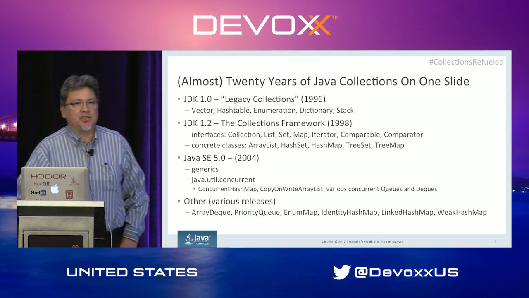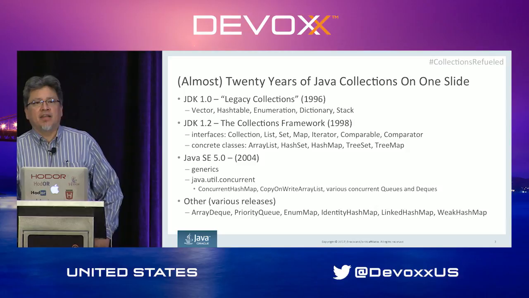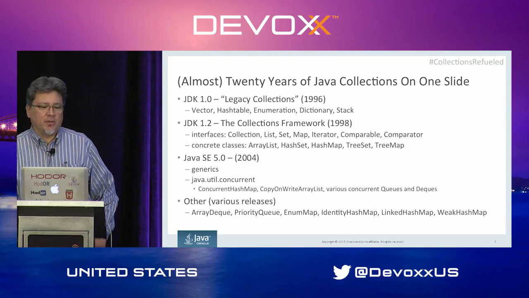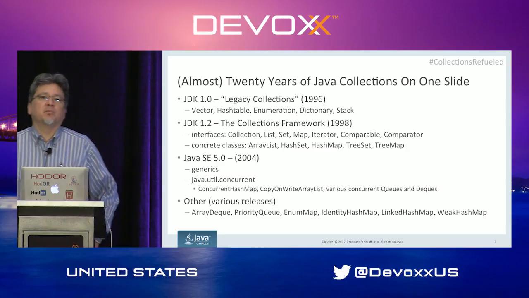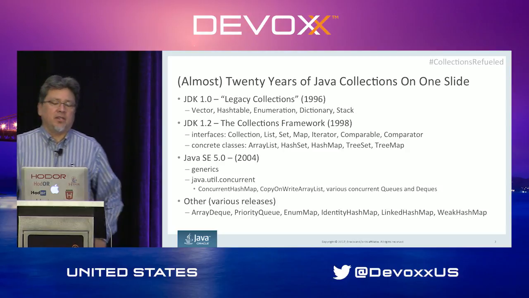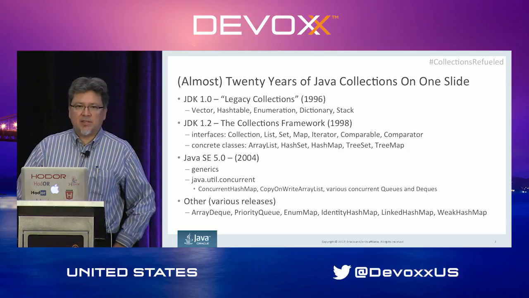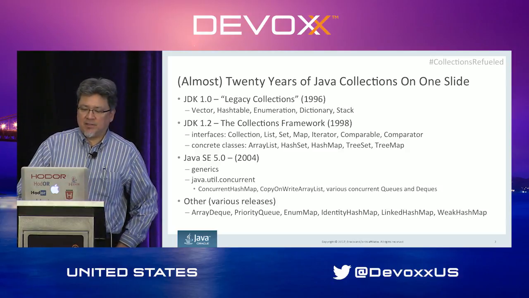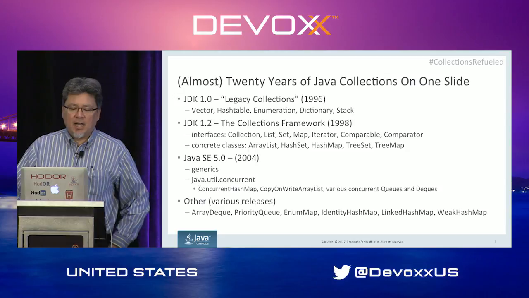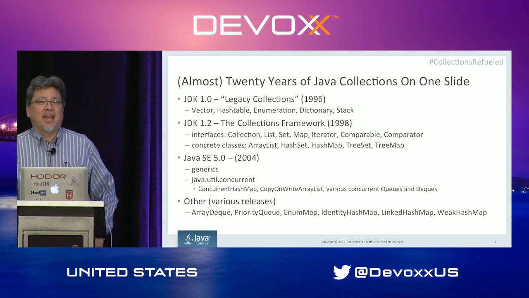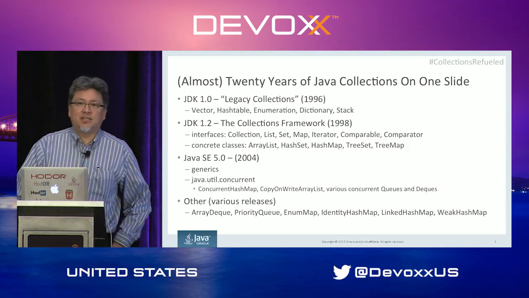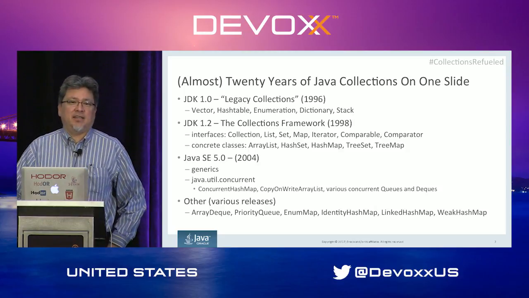But those were replaced in JDK 1.2, and that's the collections framework that we're all familiar with: the interfaces Collection, List, Set, Map, and so forth, and the concrete classes to back them up. The usual suspects: ArrayList, HashMap, HashSet, and so forth. Those were introduced in 1998, so that was 19 years ago, and those are in use daily.